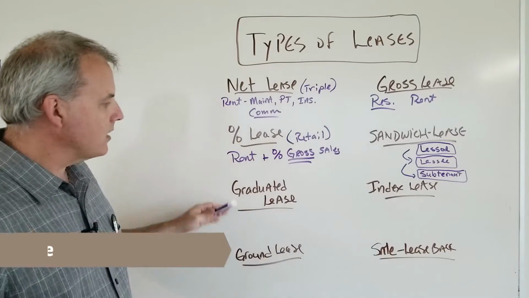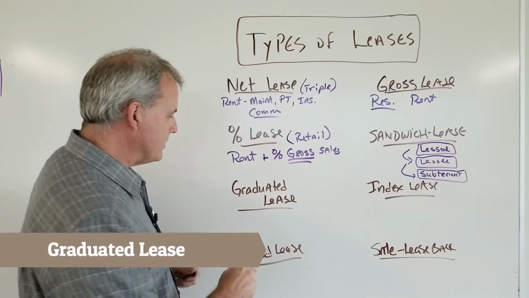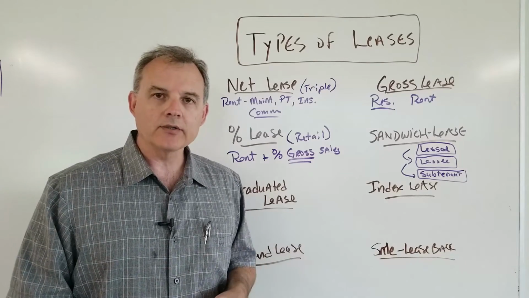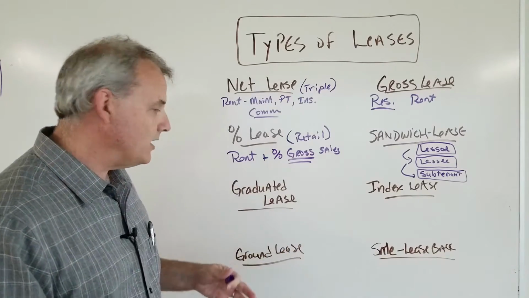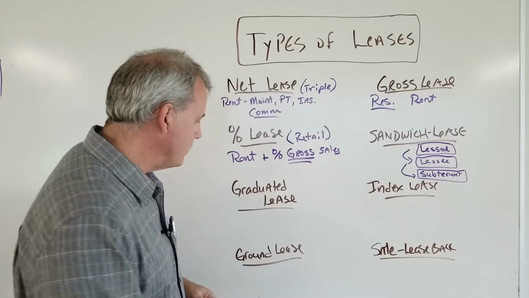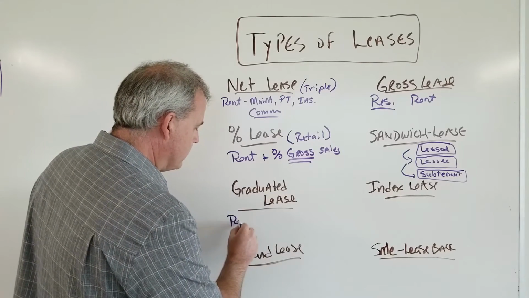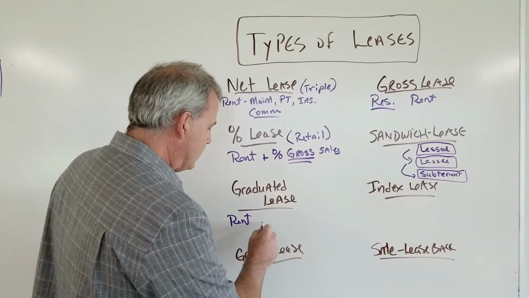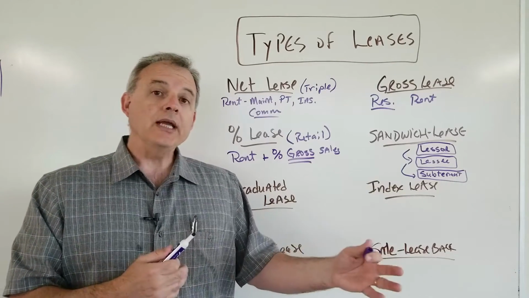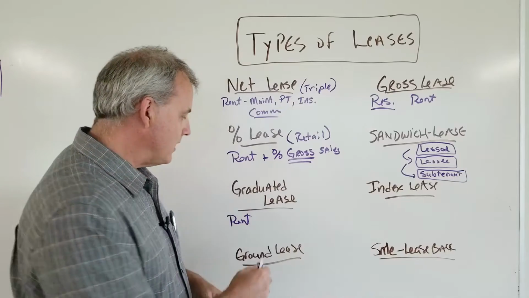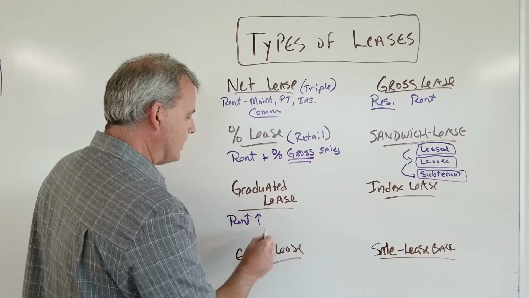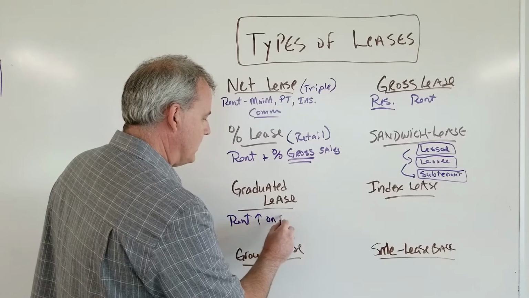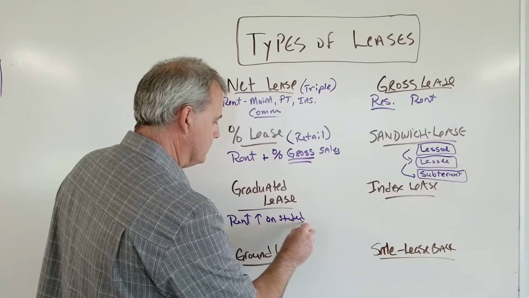The next lease I want to talk about is a graduated lease. Now, with a graduated lease, you may see this in office communities or office parks or office space. You could see it in certain types of commercial space as well. But it's a flat rent fee, and then throughout, let's say it's a 3-year lease or a 5-year lease, what's going to happen is periodically throughout that lease, there's going to be rent increases on stated time periods.